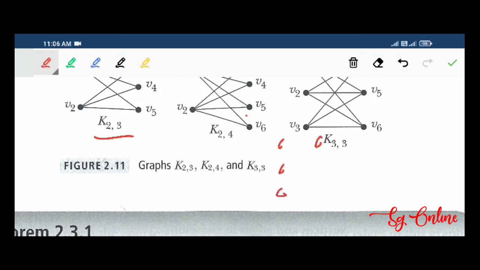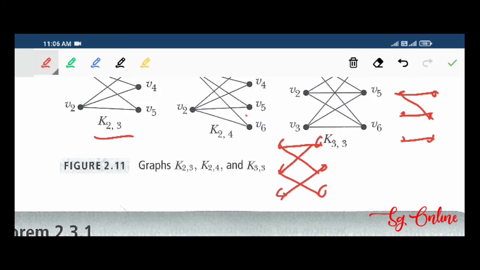And a bipartite graph may also be disconnected, in this way. Suppose there are two components of this bipartite graph.